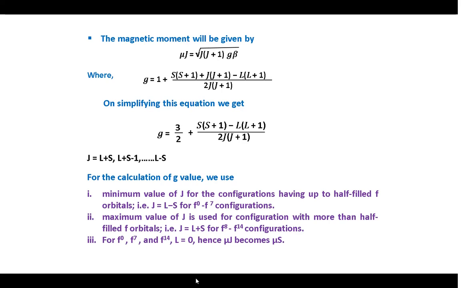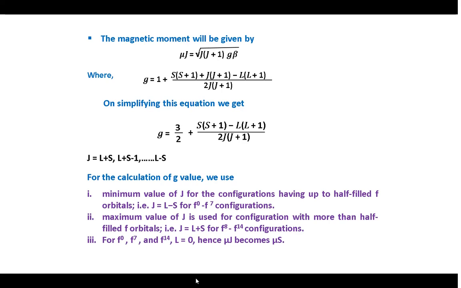L plus S to L minus S. For the calculation of g value, we use the minimum value of J for the configurations having up to half-filled f orbitals. It explains J is equal to L minus S for configurations f0 to f7.